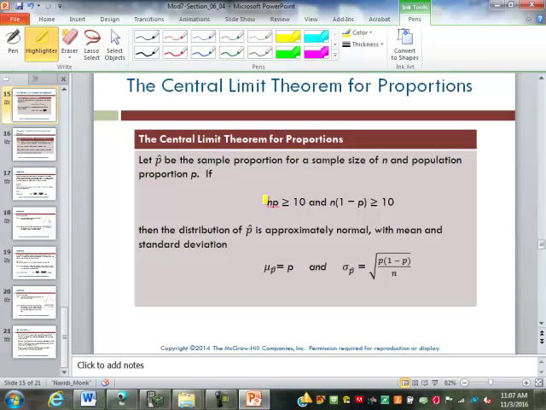So this is just summarizing that. As long as n times p is at least 10 and n times 1 minus p is at least 10, then the mean of the sample proportions should equal the population proportion, and the standard deviation of the sample proportions should equal the square root of p times 1 minus p over n.